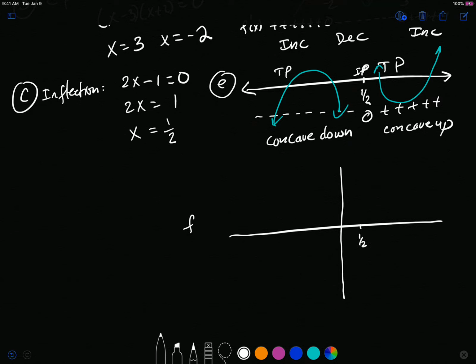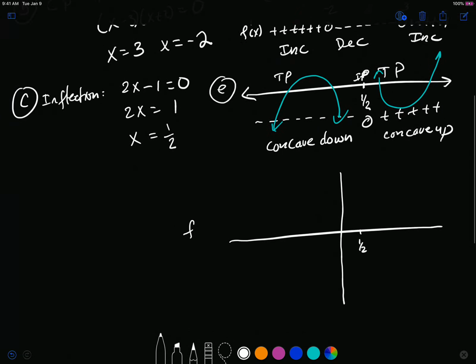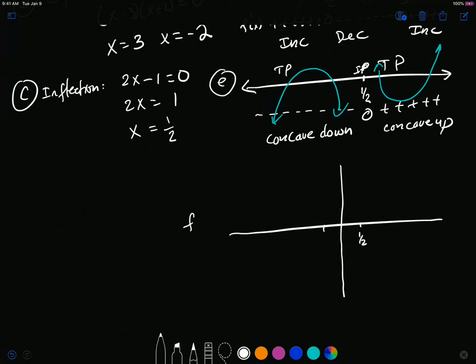So at 1/2, I have an inflection point, and at -2. Let's move that 1/2 a little bit closer. That looks more like a 1. So the 1/2 is right here. 1, 2, 3, -1, -2.